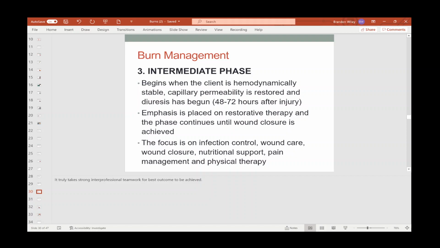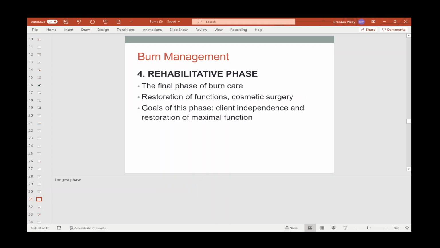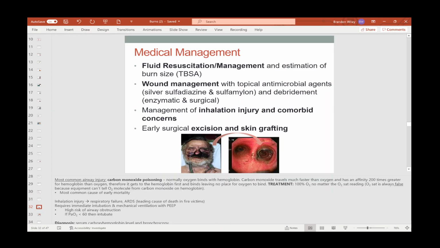But we also want to make sure that we're feeding them and protecting them. And like I said, the rehabilitation, that's the final stage. Those are all restoring functionability. So cosmetic surgery, lots of surgeries we put on.